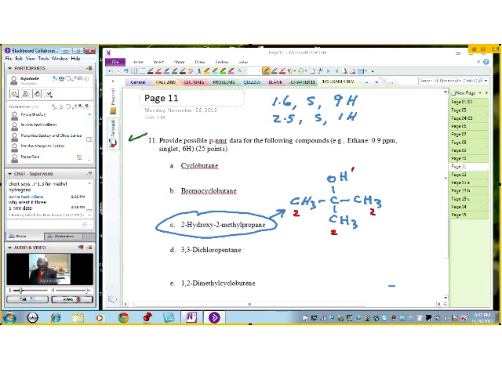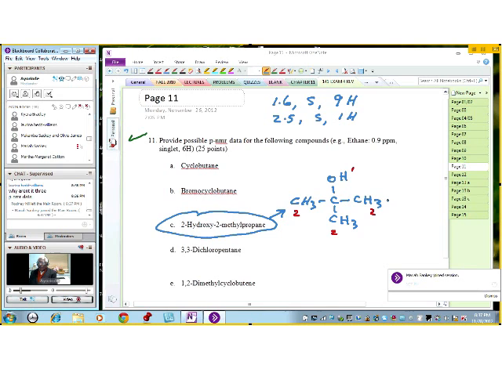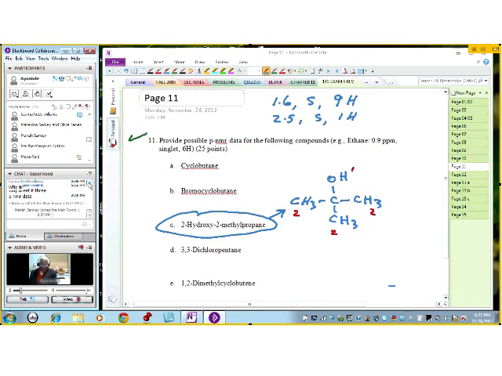This methyl and this methyl are equivalent. If you replace any one of these hydrogens with chlorine, you will get the same compound. So that is the guideline that I want you to use whenever you want to determine whether hydrogens in a molecule are equivalent or not.